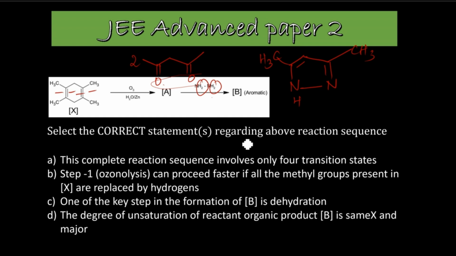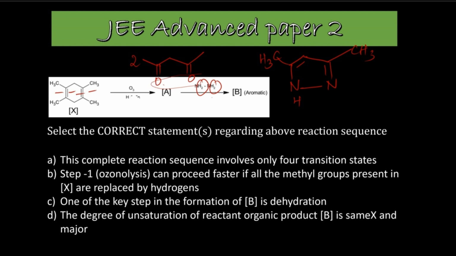So select the correct statement regarding the above reaction sequence. This complete reaction sequence involves 4 transition states. So is it right or wrong? This complete sequence is not involving that many transition states.